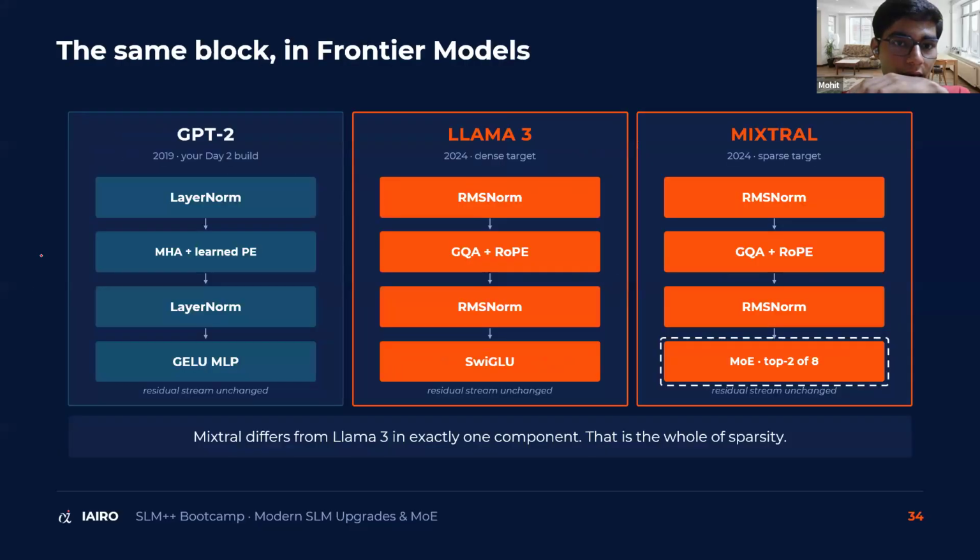And yeah, GPT-2 used the existing thing, but Llama 3 and Mixtral came up with these same improvements, right? So in current frontier models we are seeing these upgrades as well, so they are fairly good and the latest form of research, right?